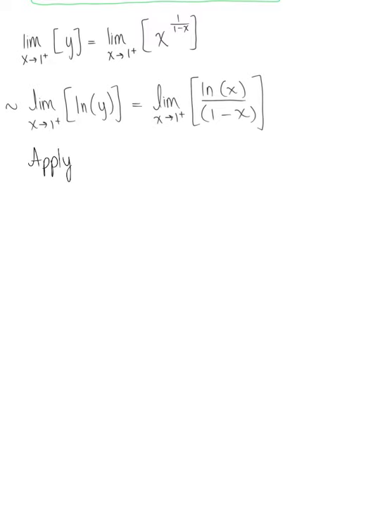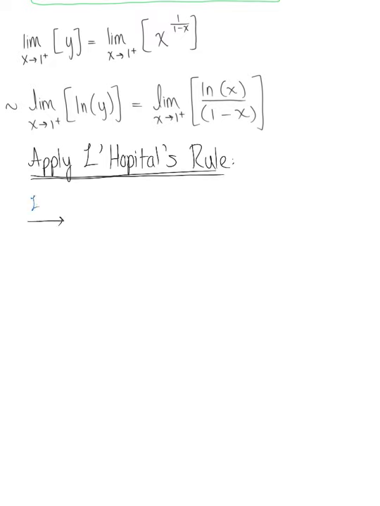And in this form, it's now safe to apply L'Hopital's rule. So we can now apply L'Hopital. Taking the derivative of the numerator and denominator separately, this becomes the limit as x is approaching 1 from the right-hand side of the derivative of the numerator, which is 1 divided by x, over the derivative of the denominator, which is negative 1.